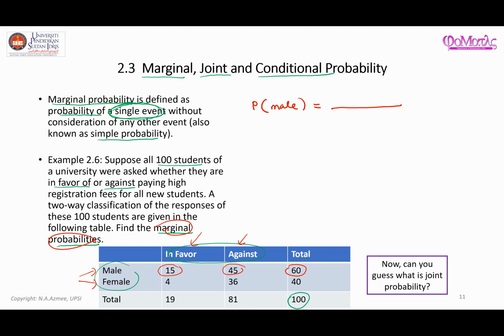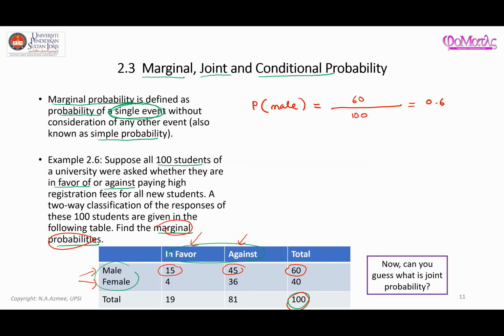And you need to know the total number of students. The total number of students is 100, so 60 over 100 is going to give you the probability of a student being male, and this is equal to 0.6. So that's the first marginal probability.